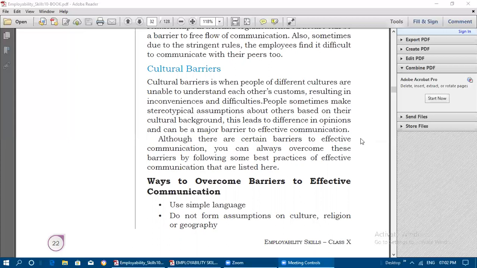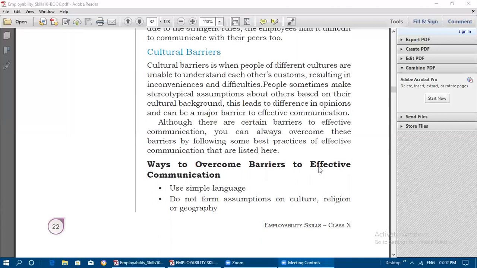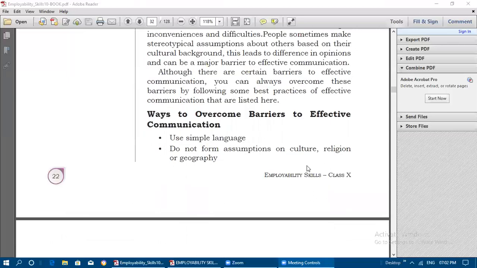Although there are certain barriers to effective communication, you can always overcome them by following some best practices of effective communication that are listed here. So what are the best practices we need to follow in order to overcome these barriers? Use simple language. Do not form assumptions on culture.